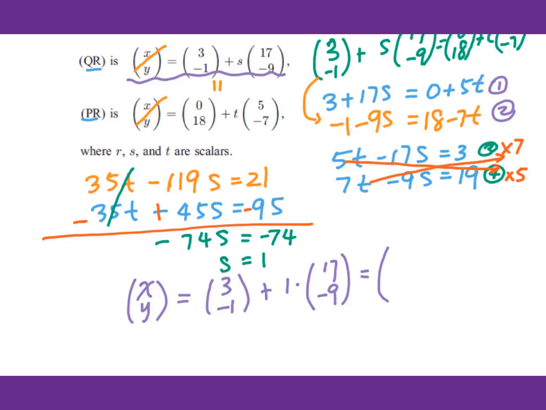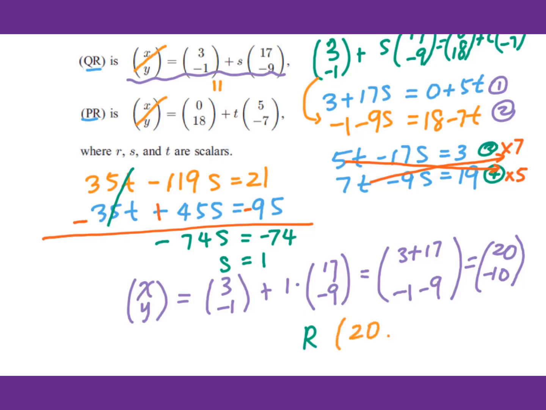You will get 3 plus 17, negative 1 minus 9, which means 20, negative 10. Therefore, for R, the coordinates will be 20, negative 10.